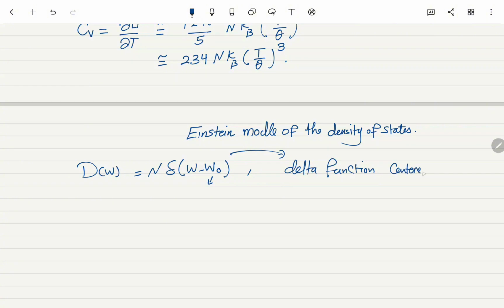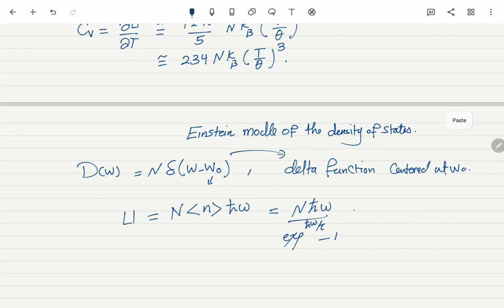Therefore, u in this case will be equal to N h bar omega divided by exponential h bar omega over tau minus 1. We just wrote omega here in place of omega naught for simplicity.